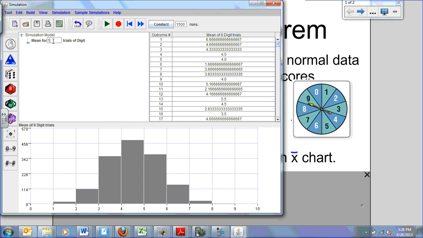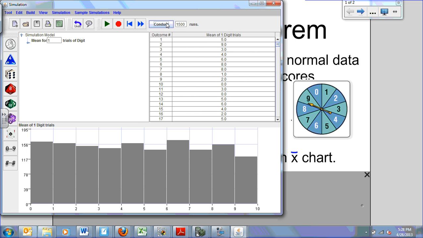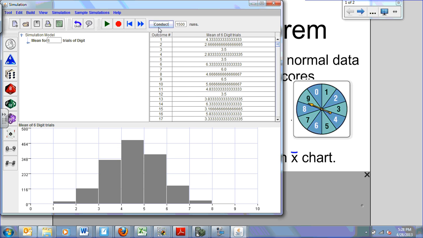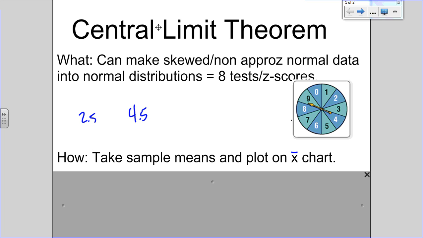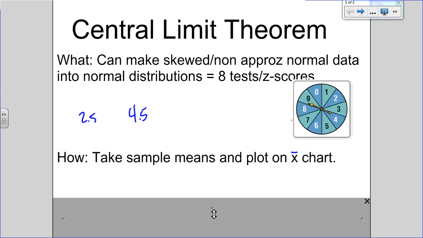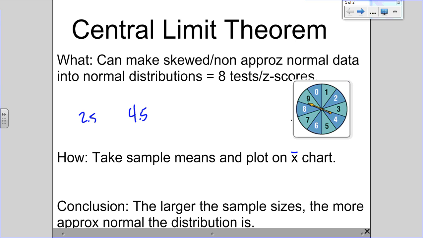So again, here's just plotting all the numbers, which should be uniform. And if I take sample sizes of 6 and do that again, it's really, really close to approximately normal. So from that, what we conclude with the central limit theorem is the larger the sample sizes that you take each time, the more approximately normal the distribution is.